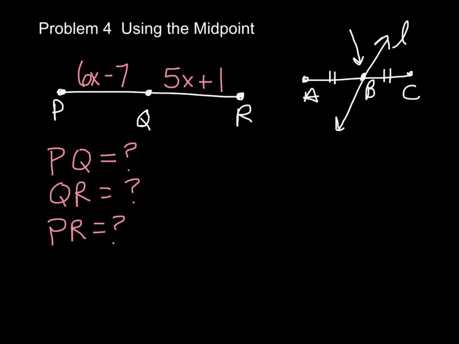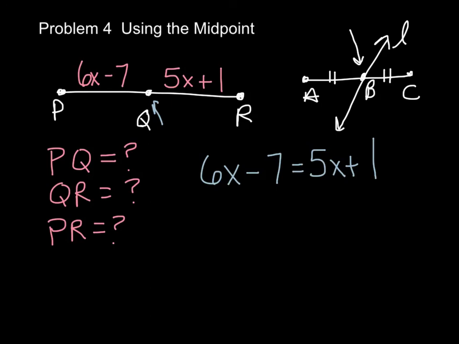Well, what do we know? Because we know that Q right here is the midpoint, that means it cuts the segment PR in half. Therefore, I know that the expression 6x minus 7 and 5x plus 1 have to be equal. So I can write an equation setting them equal.